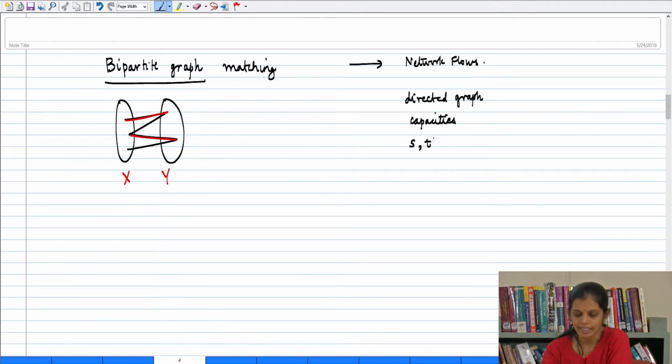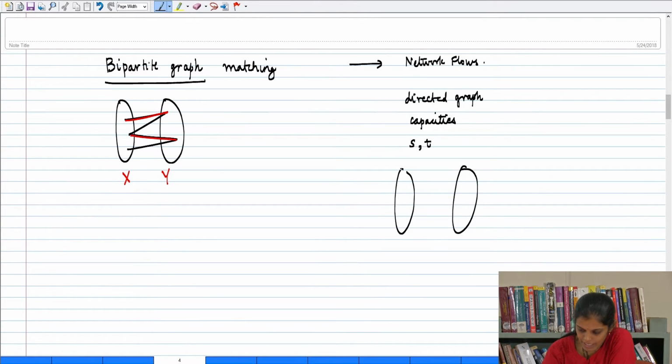So I am going to set up the directed graph, I am also going to set up S and T, and you are going to tell me what the capacities are. So I will keep the internal structure of the bipartite graph as it is, but all the edges between x and y, I am going to direct from x to y. So I will take this example and I will construct the flow network.